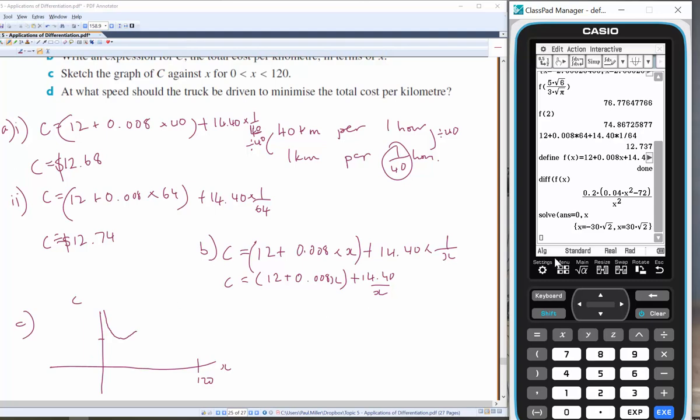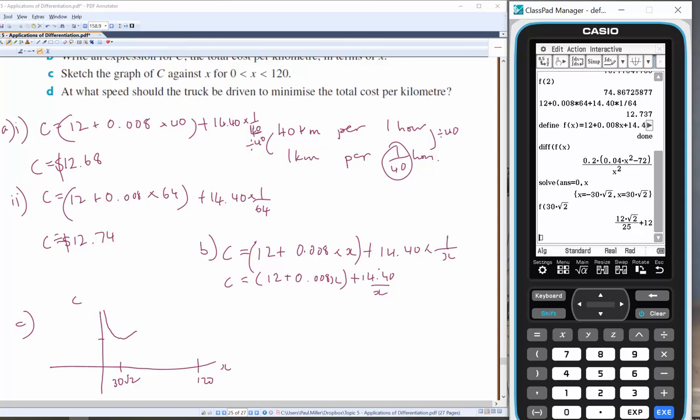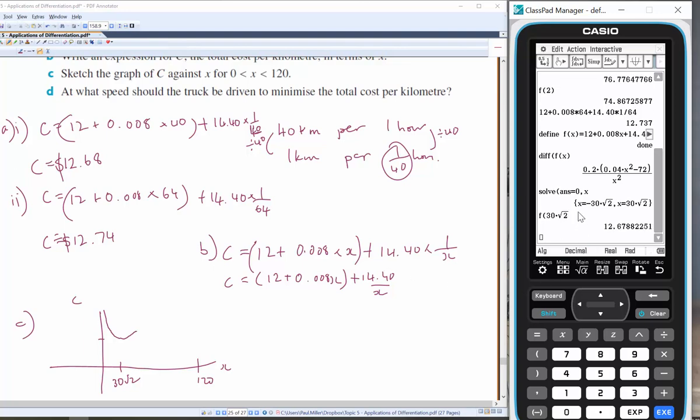Why do I get 2 points? Negative. Well, we're going to assume that x is greater than 0 and only take the positive anyway. So that's going to happen at 30 root 2. Now we're going to put that into the cost function. So f of 30 root 2, which is that. Let's get an approximation. 12. Seems really low.